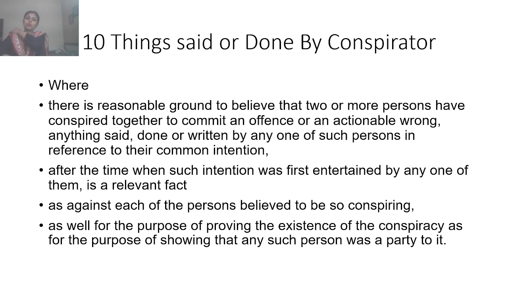So two or more persons have to be involved here, and there should be a common intention between those persons, and the commission of crime should be there after the time when such intention was first entertained, as against each of the persons believed to be so conspiring, as well for the purpose of proving the existence of the conspiracy as for the purpose of showing that any such person was a party to it.